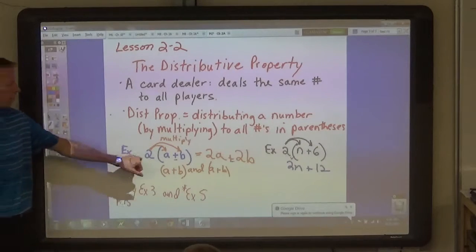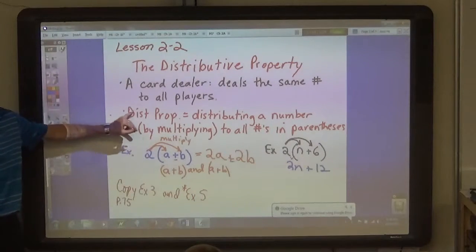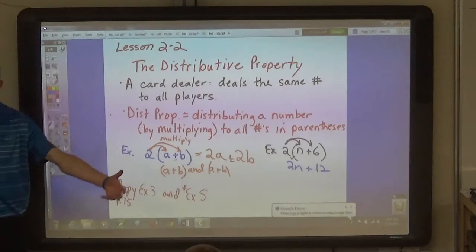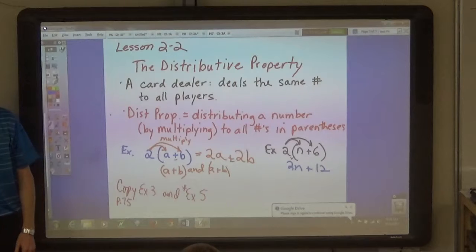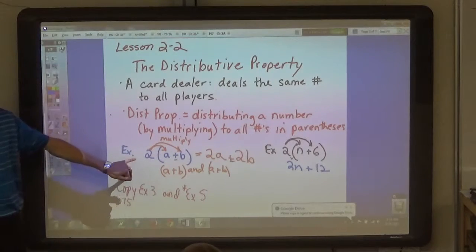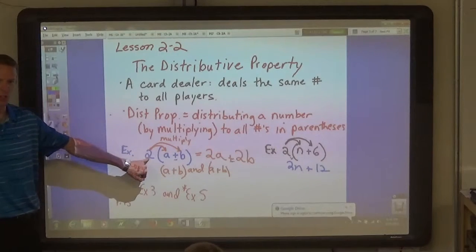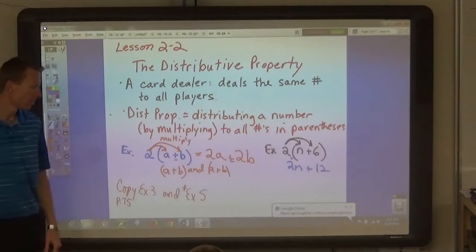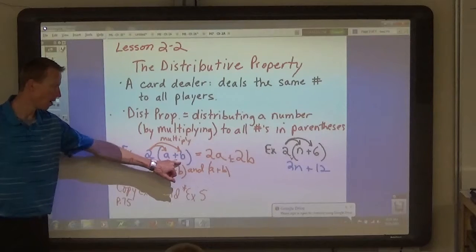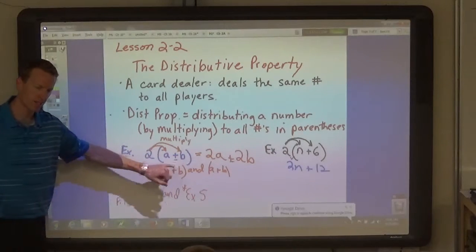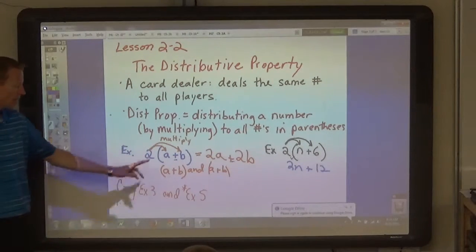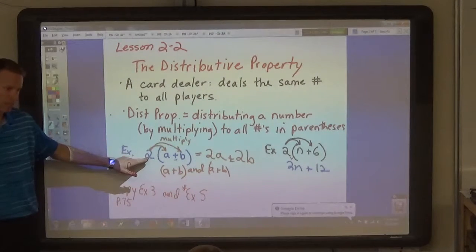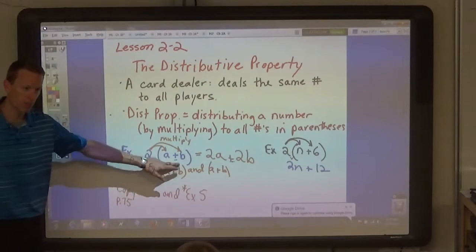So this is a multiplication situation. That's kind of fun to say too. Say that. It's a multiplication situation. We have 2 times a plus b, and the a plus b are in parentheses, and the situation is multiplication because 2 has to be times by a plus b.